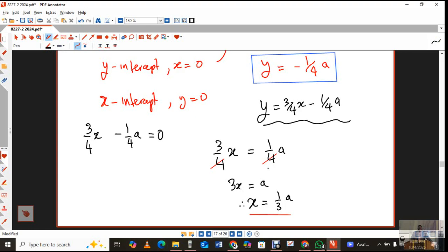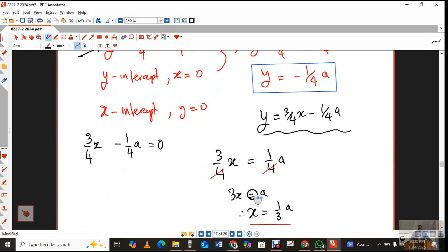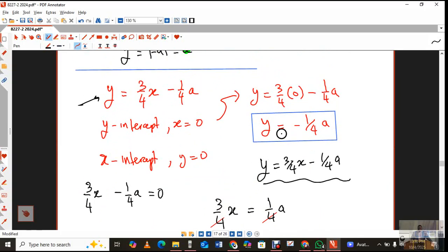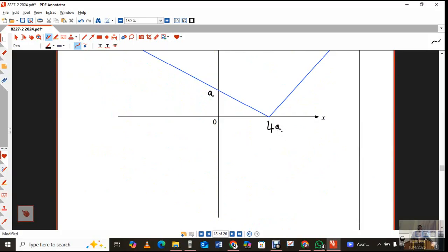Right, let's bring in those values. It cuts the x-axis at 1 over 3a, it cuts the y-axis at negative 1 over 4a. So let's say negative 1 over 4a.